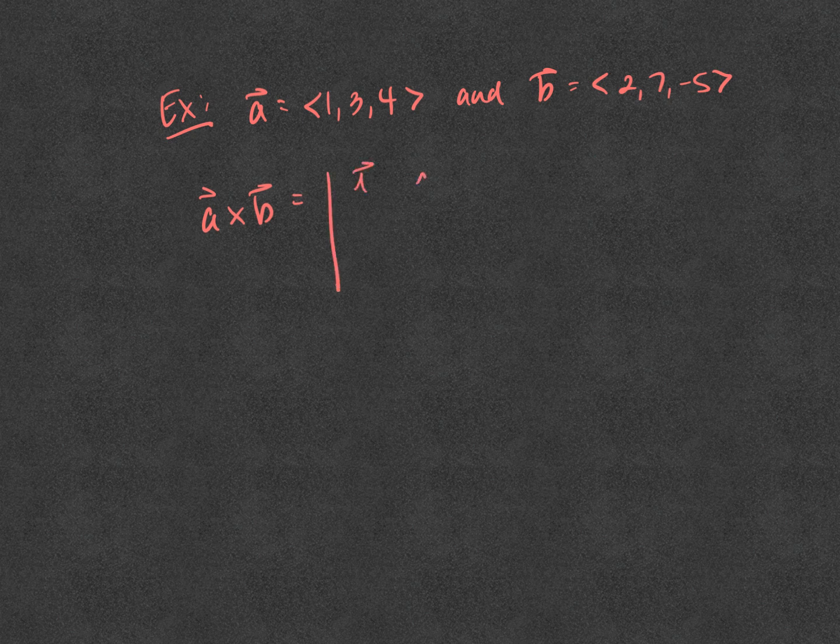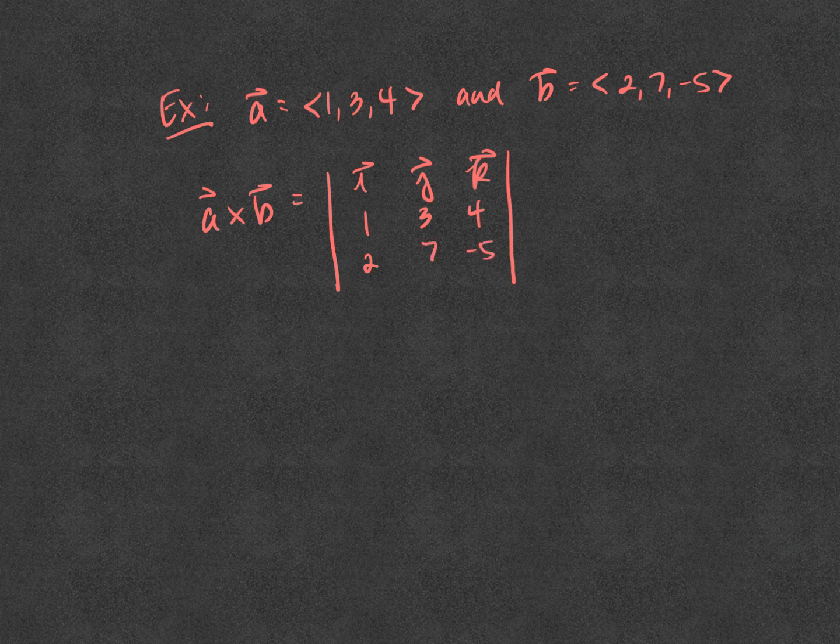I used to always teach it with rewriting my 2 rows, but with cofactors you tend to lose things less. You tend to be more precise with your cofactor method. So I'm going to write ijk at the top, and then the elements of A come next, and then the elements of B, 2, 7, negative 5.